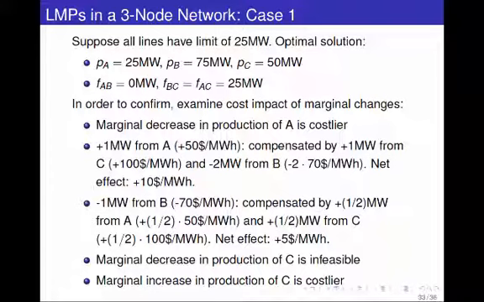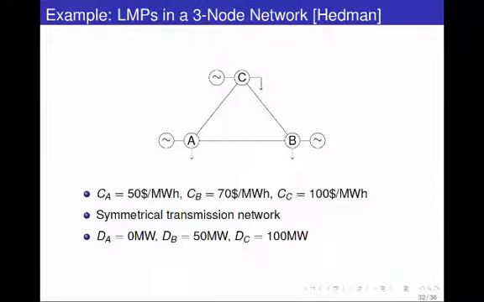I claim that the optimal solution is generator A should produce 25 megawatts, generator B should produce 75, generator C should produce 50. If there were no transmission constraints, what would you do here? You want to take as much as you can from A. If you can't, because only 25 megawatts can go up, you will bring in B.